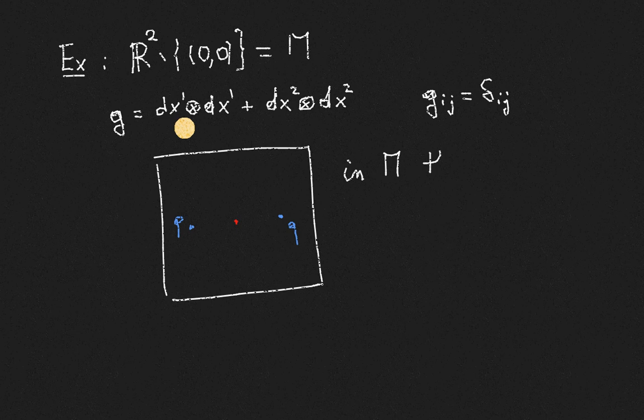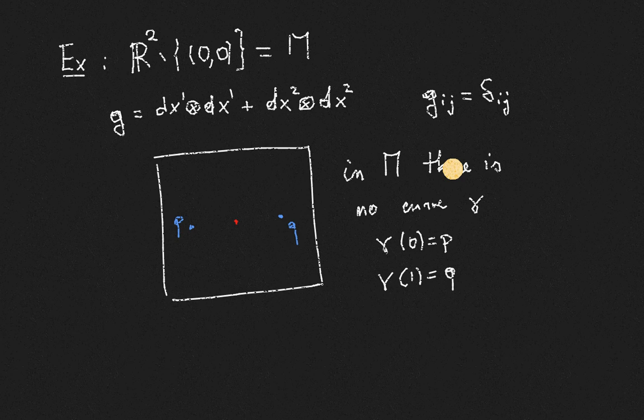So in M, there is no curve gamma with gamma 0 equal P, gamma 1 equal Q, and length of gamma equal to their distance.